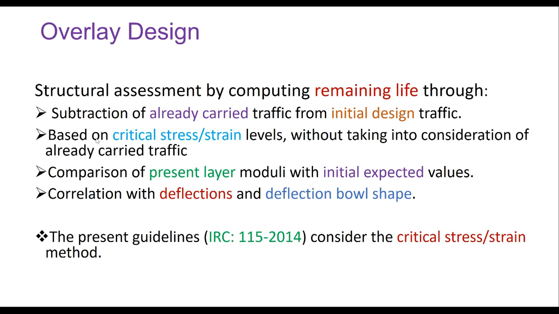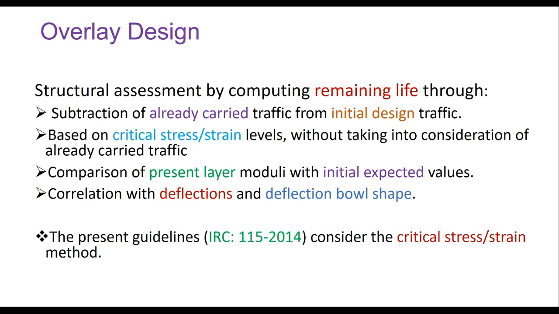Or it can be based on critical stress and strain level analysis without taking into consideration the already carried traffic. Or you can compare present layer moduli with initial expected values. Or it can also be based on correlation with the deflections and deflection bowl shape. Any of these four methods can be used to determine the requirement of overlay.